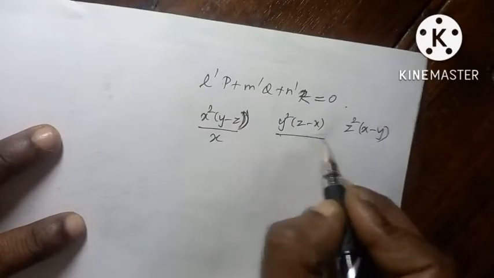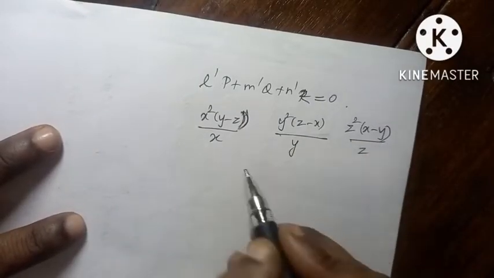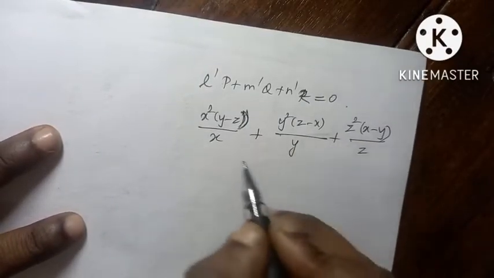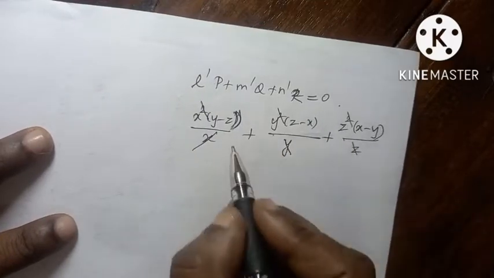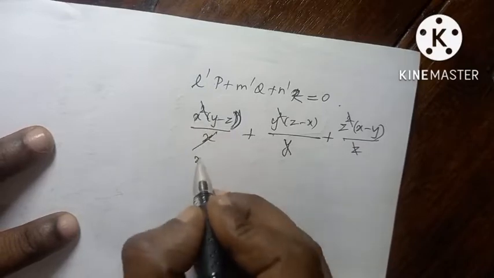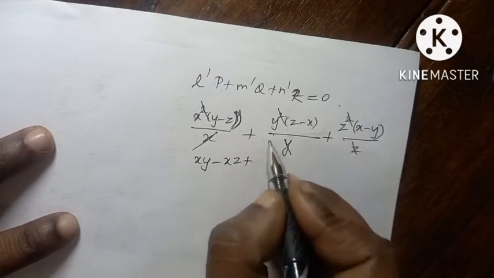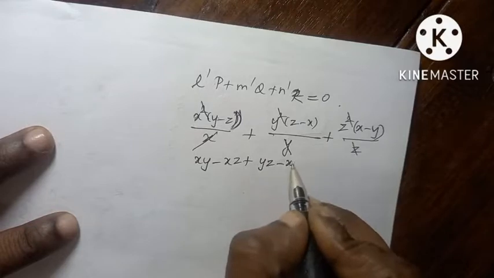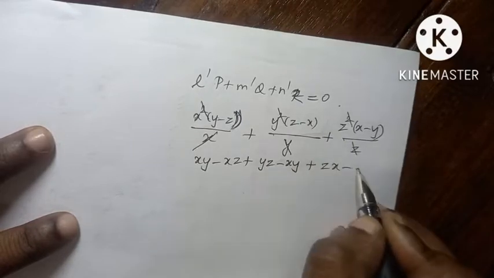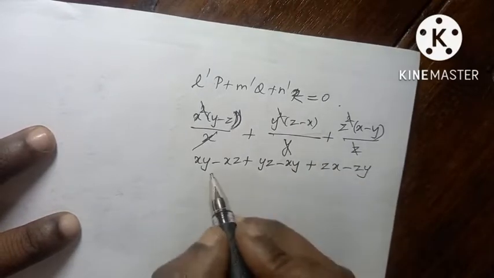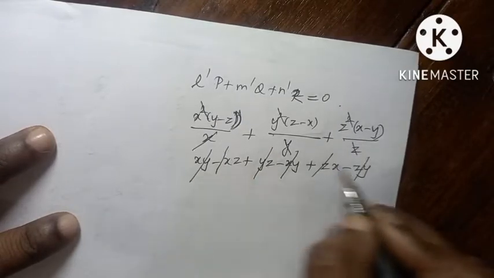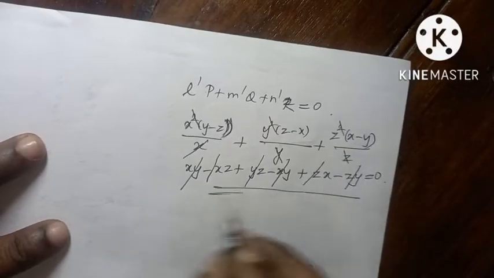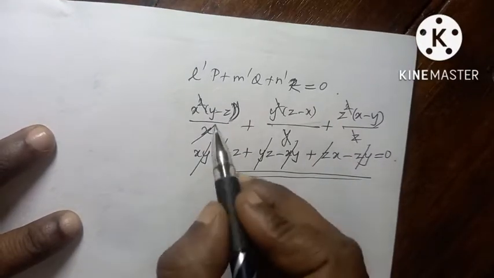So here I divide by y, I divide by z, and I add. If you divide, x gets cancelled, y gets cancelled, z gets cancelled. When you multiply, xy minus xz, yz minus xy, zx minus zy. You can see xy, xy, yz, yz, zx, zx. Answer is 0.